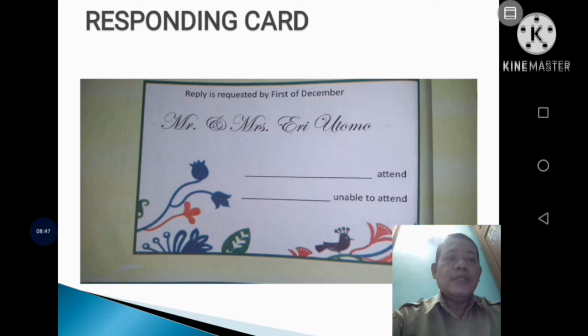And this is the form or the shape of a responding card. So when you make an invitation card, you also make the responding card that you put inside the wedding card. Here you can see the reply is requested by the 1st of December.